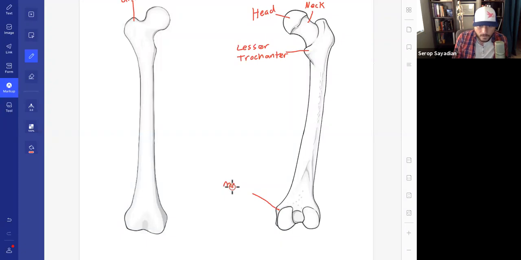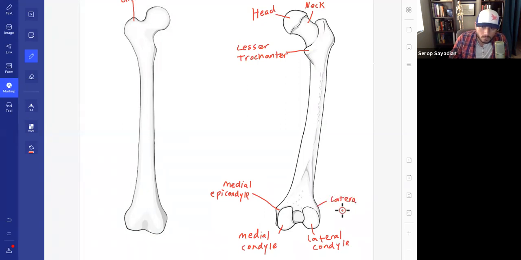Wrong pen again. And then we'll have the lateral ones. And in between the condyles is the intercondylar fossa.